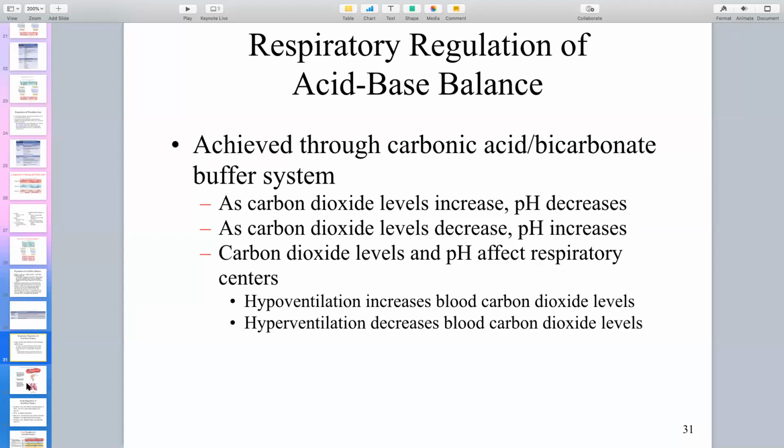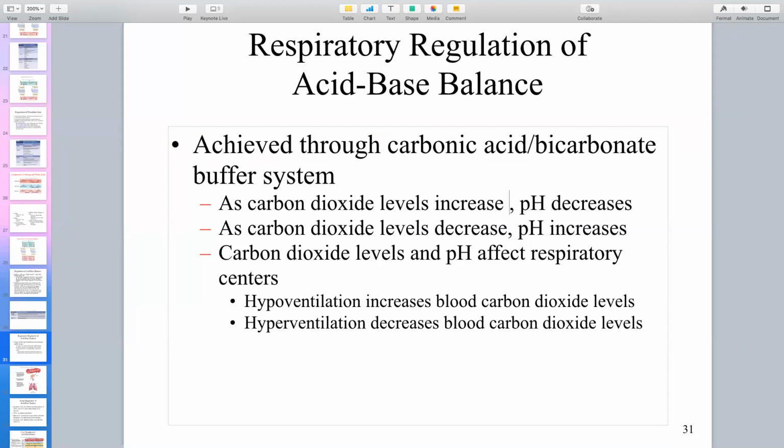So in terms of acid-base balance, it is achieved through the carbonic acid and bicarbonate system, especially the respiratory regulation. As carbon dioxide levels increase, hydrogen levels will also increase. There is a direct relationship between carbon dioxide and hydrogen.